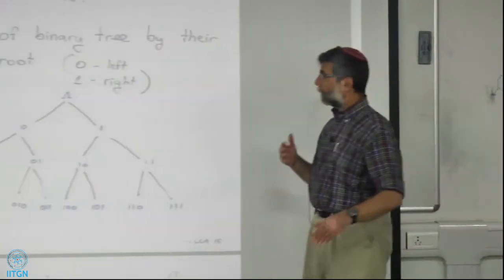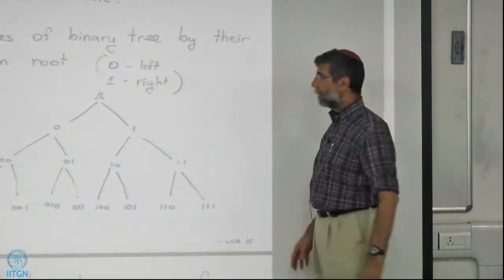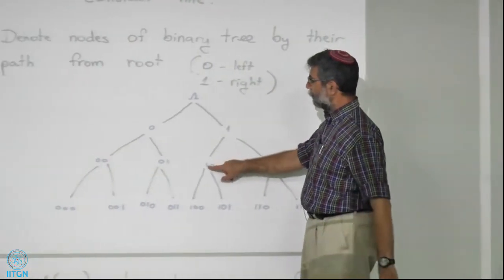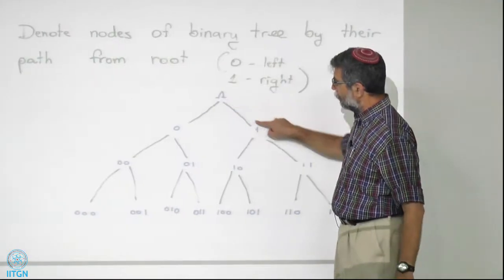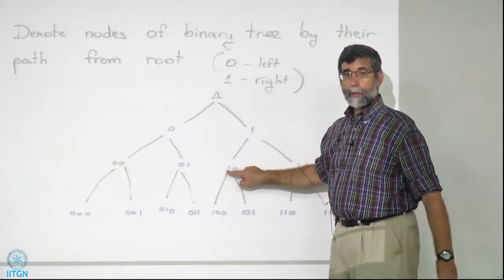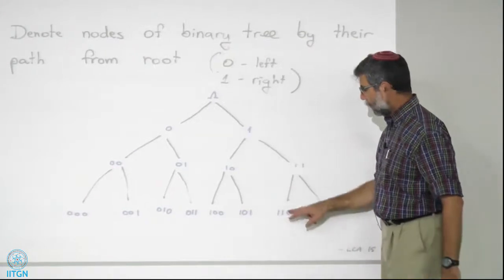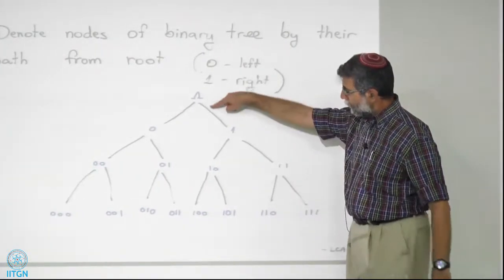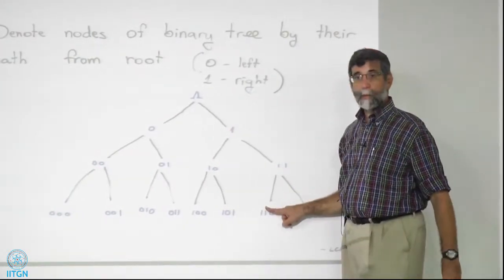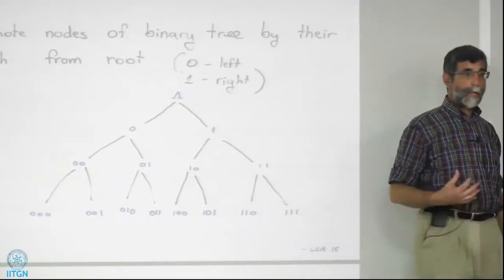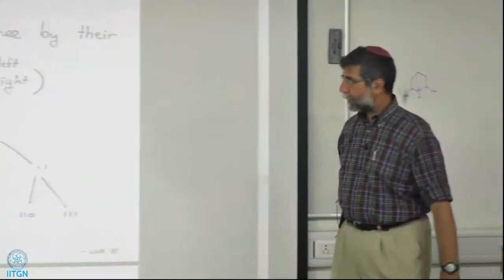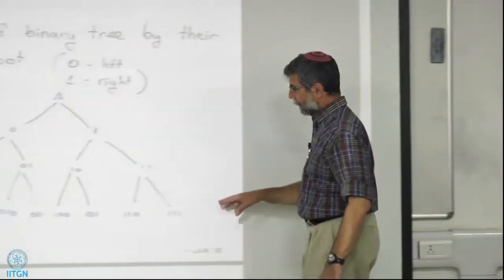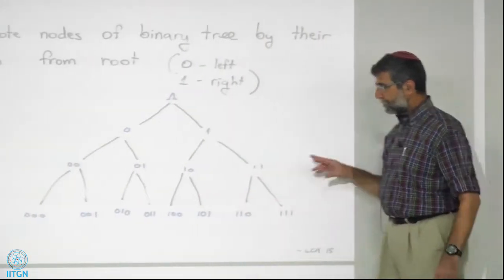So if you go left, it's a 0. If you go right, it's a 1. So to get to this node, it says 1, 0. So you go right 1, left 1, and you got here. You want to get to this one, it says 1, 1, 0.